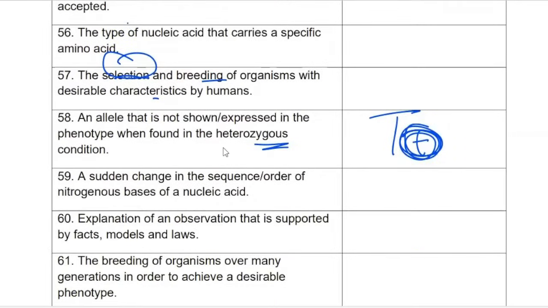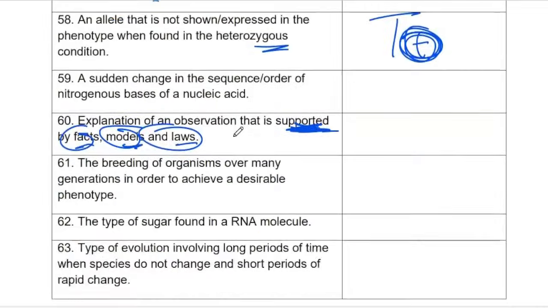A sudden change in the sequence of the nitrogenous bases of the nucleic acid, we call it gene mutation. An explanation of an observation that is supported by facts and models, once supported like this, becomes a theory.